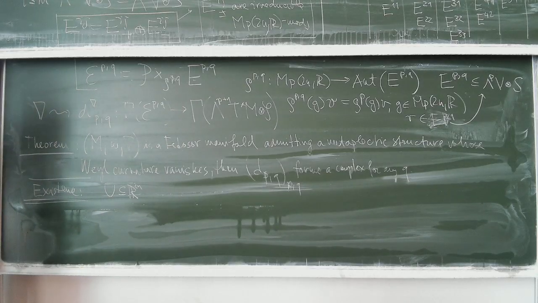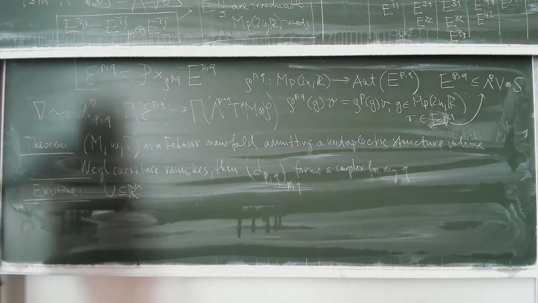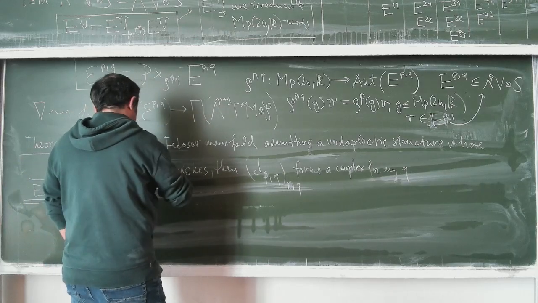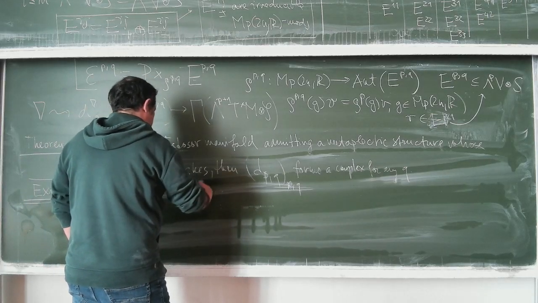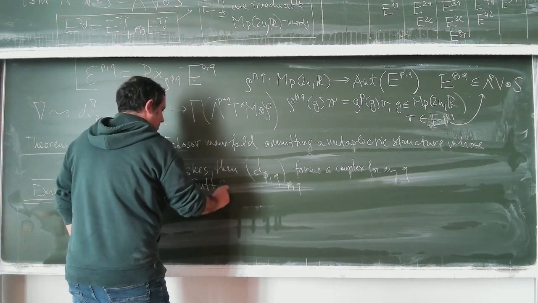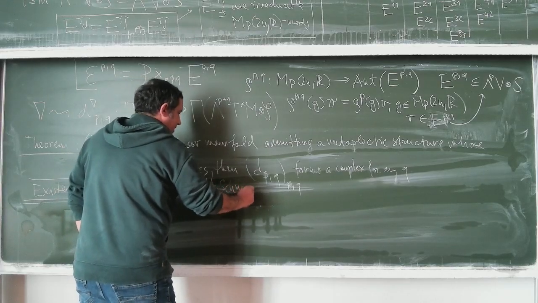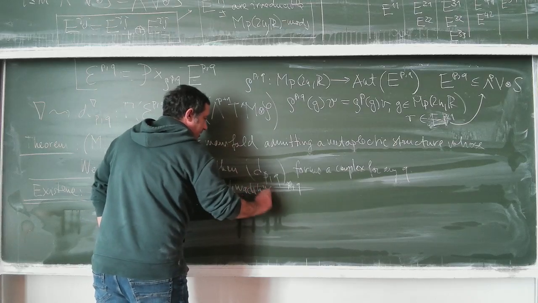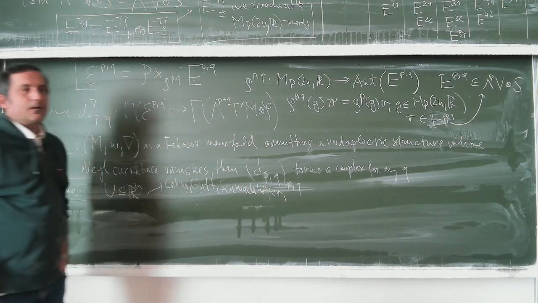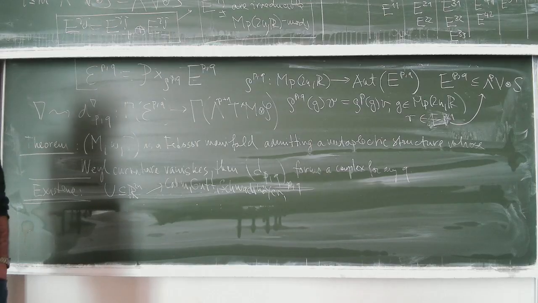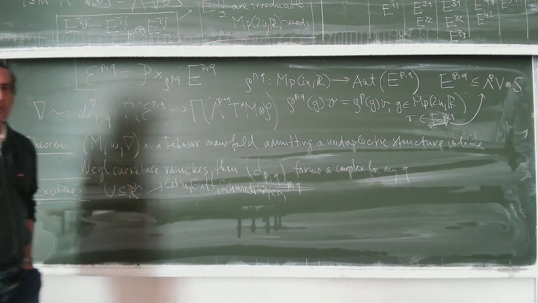This is connected to so-called preferred symplectic Ricci type connections of Cahen, Gutt, Schwachhöfer, and Bourgeois, Frédéric Bourgeois also.